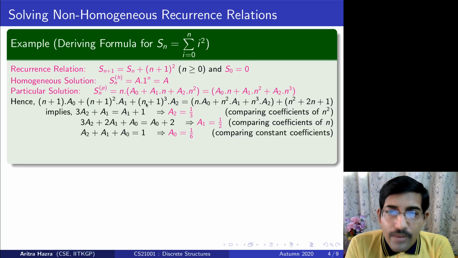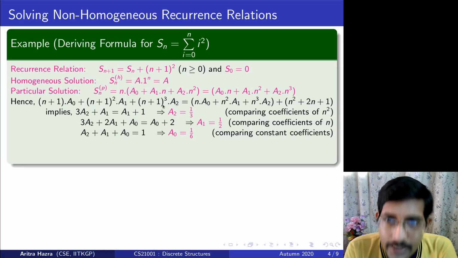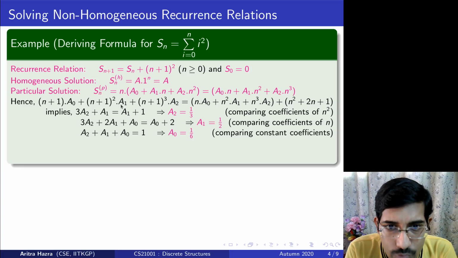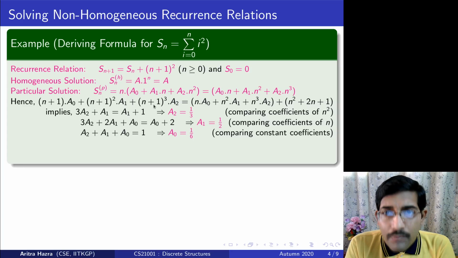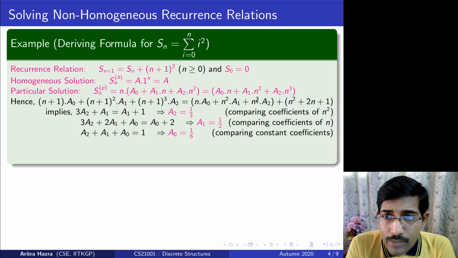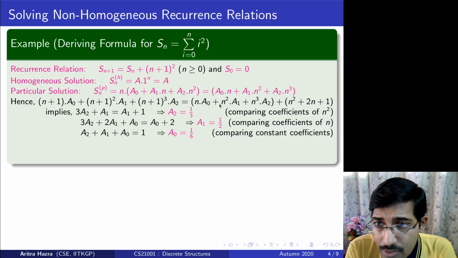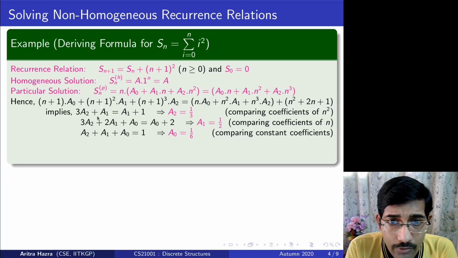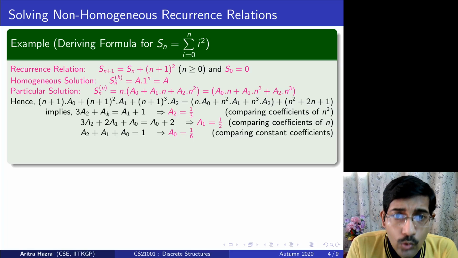If you try to match the squares of n, here there is a1 into n square, so a1 coefficient plus 3 into a2. So 3 into a2 plus a1 will match here with a1 plus 1. So a1 and a1 cancel out, so a2 equal to 1/3.